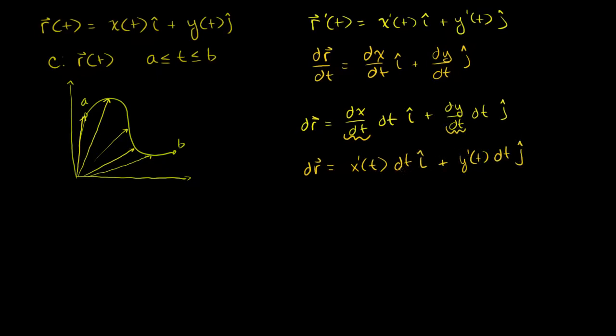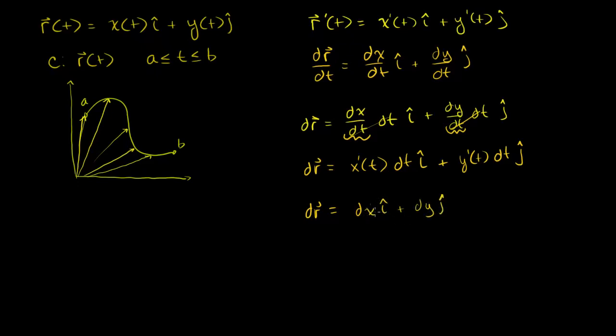And just to complete the trifecta, the other way that we could write this is that dr is equal to, if we just allowed these to cancel out, dx times i plus dy times j.